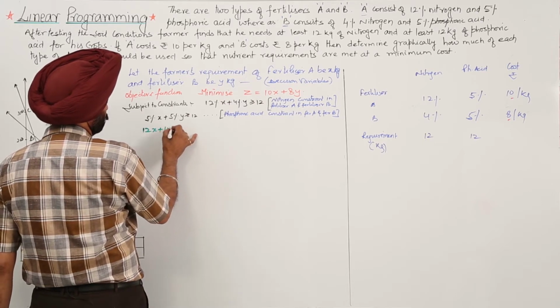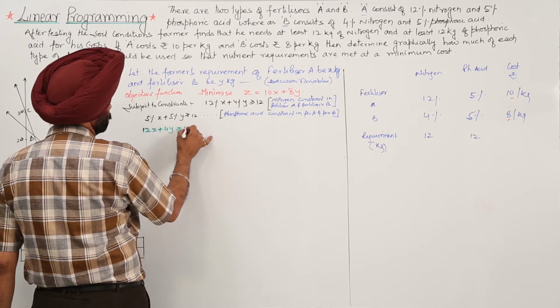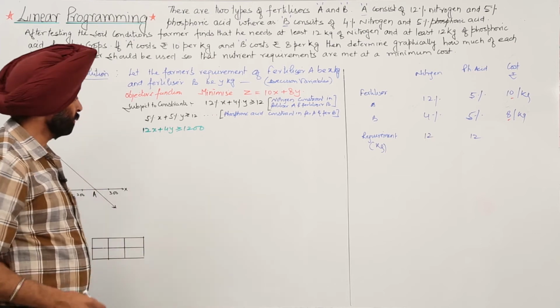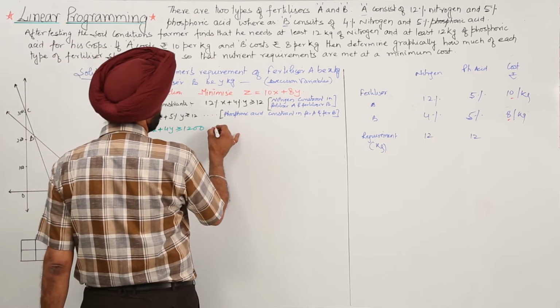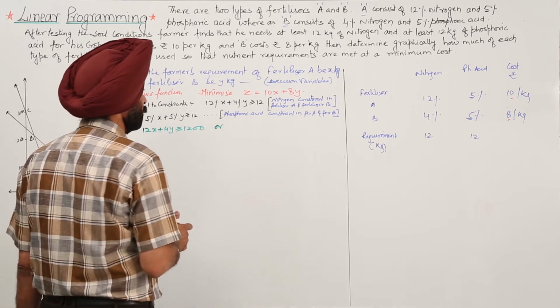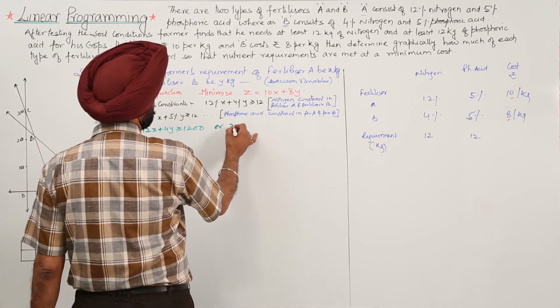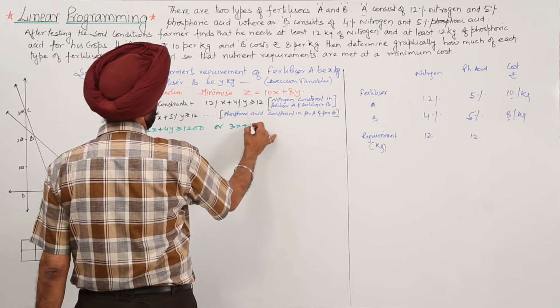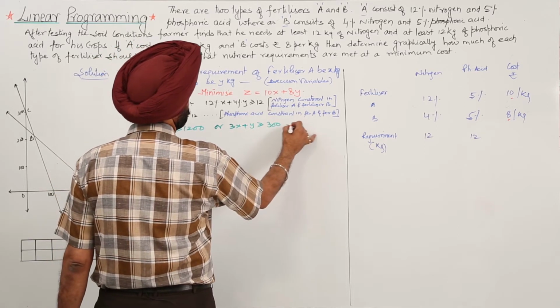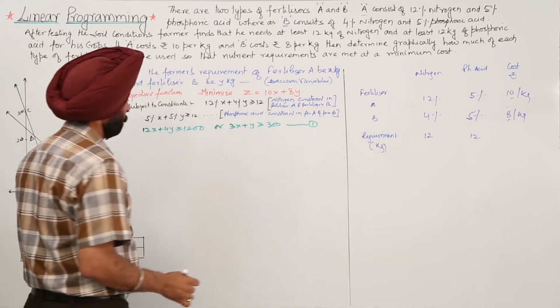12x plus 4y is greater than or equal to 1200 from the first inequality. After removing the percentage, we can make it in the simplest form: 3x plus y is greater than or equal to 300, number 1.